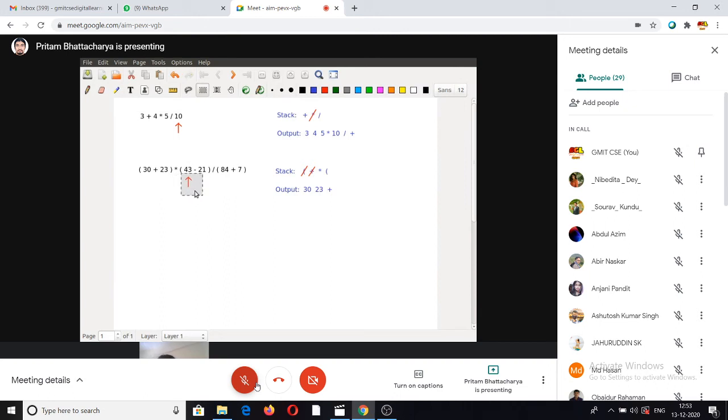I pushed in the star and the opening parenthesis, and now there is 43. That being an operand, I'm just going to send it to the output.